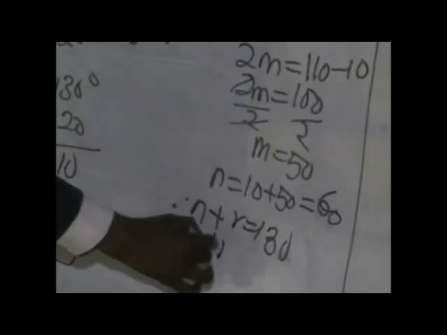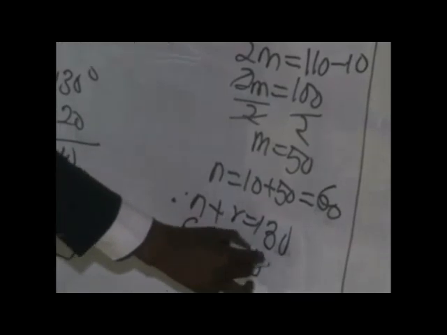You can pick n plus r equal to 130. The value of n is 60, so this becomes 60 plus r equal to 130.